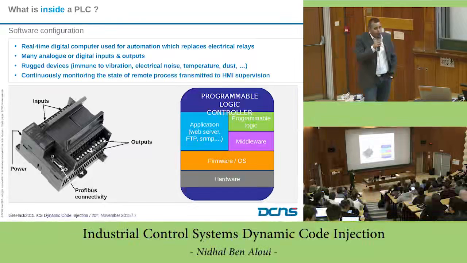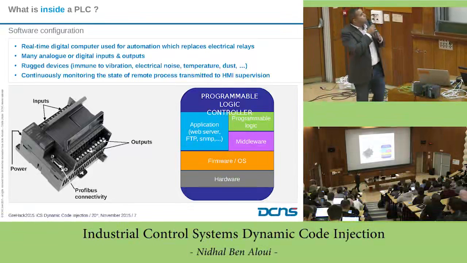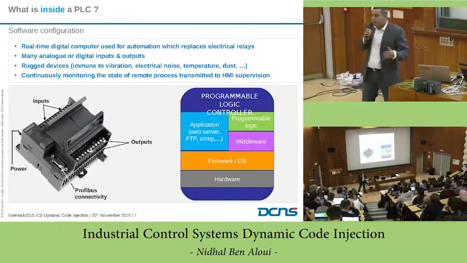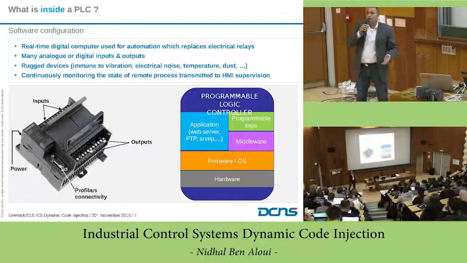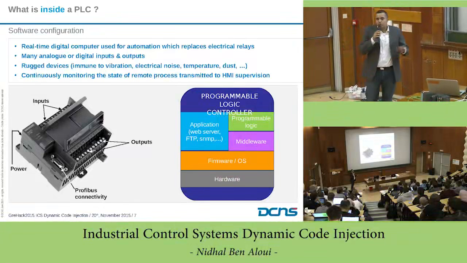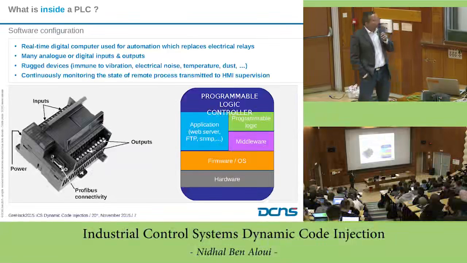So we have the power, the Profinet connectivity, output, input. So we can use it without connecting it. So we can write or source a program in the S7 protocol and inject it into the PLC without needing to connect it really to the engine or to the actuator.